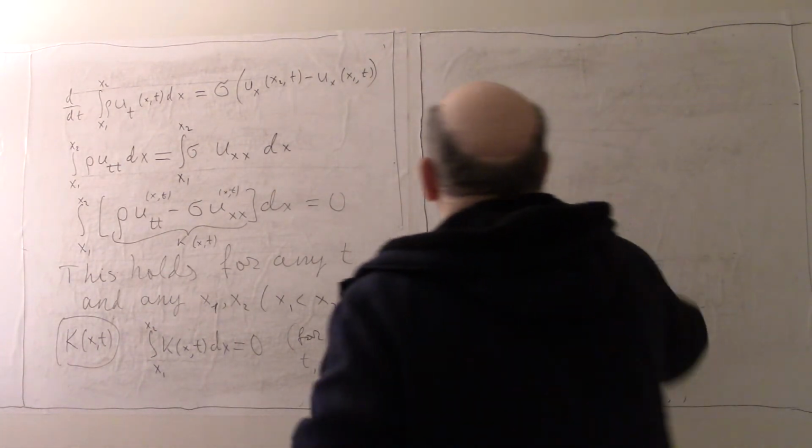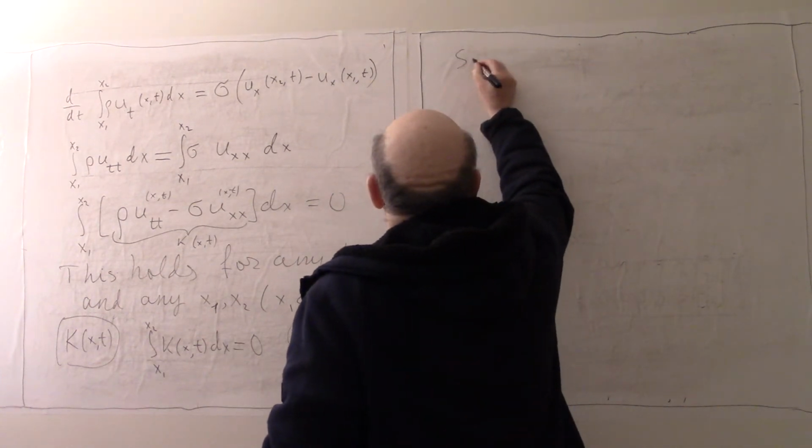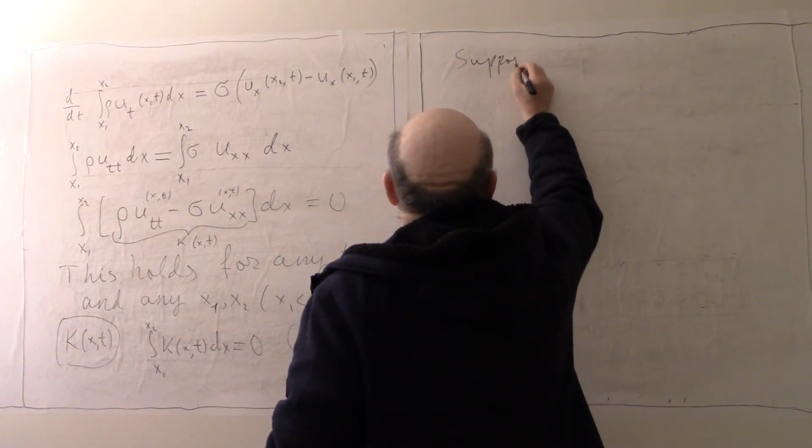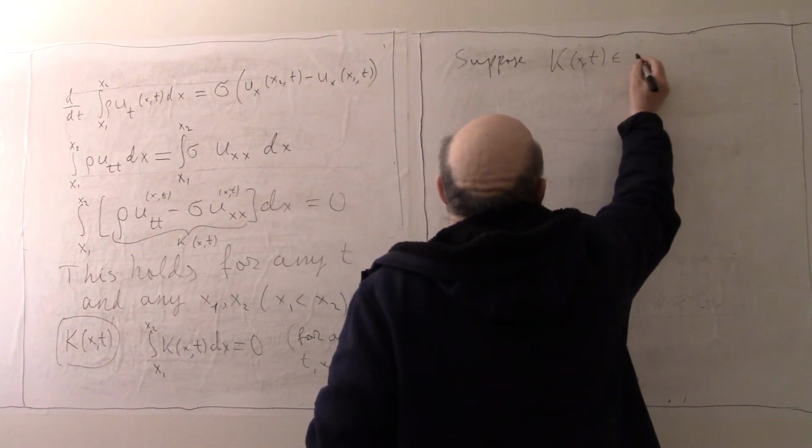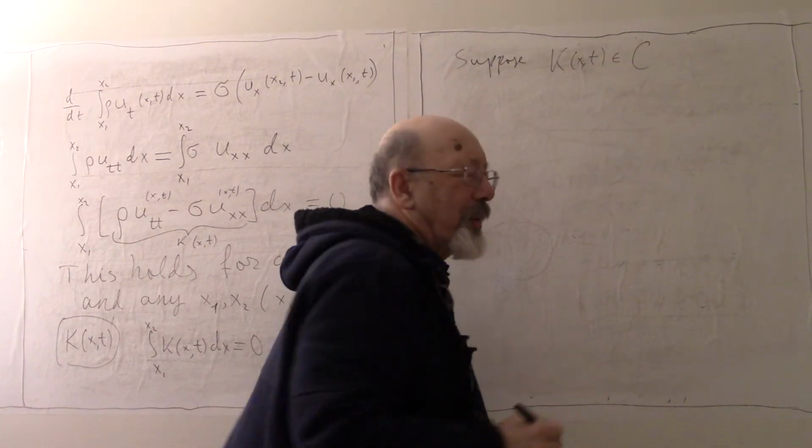Now suppose k(x,t) is a continuous function.